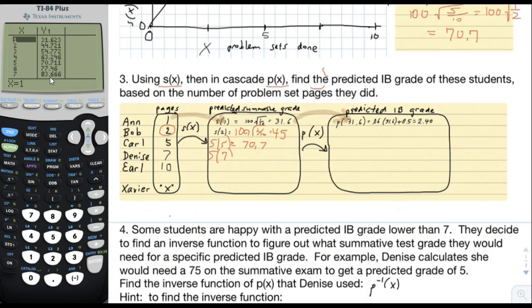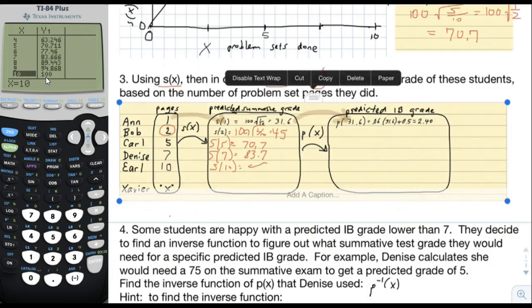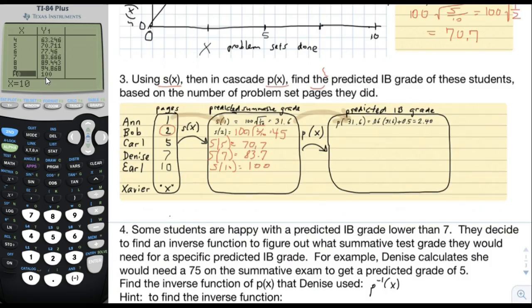So s of 7 is equal to 83.7. And then finally, s of 10 is going to give us a 100. Okay. Alright, so we figured out several values for predicted summative grade.